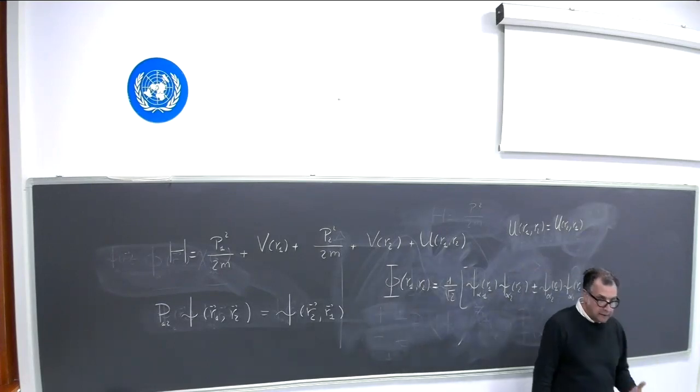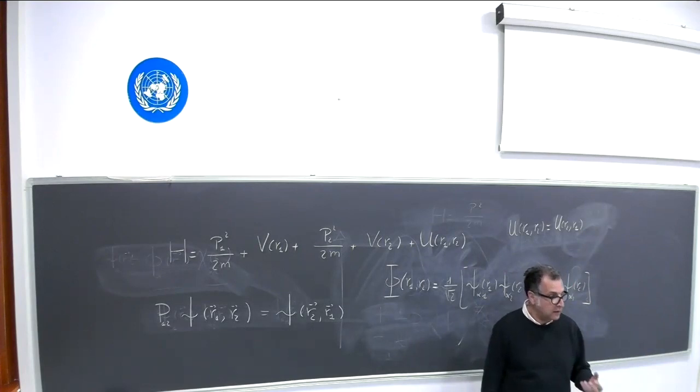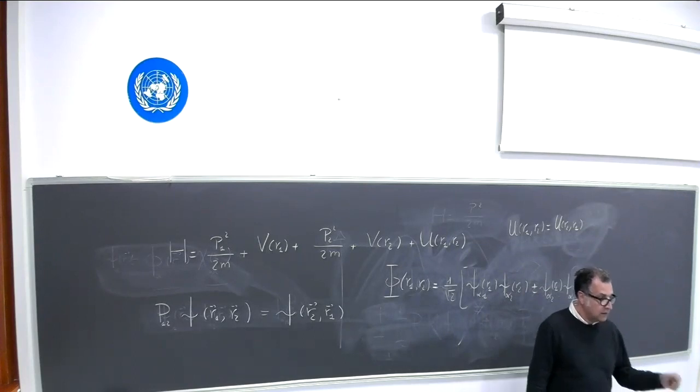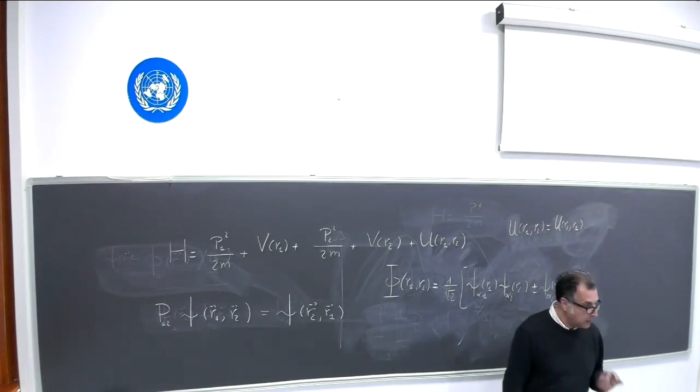So if you measure properties of groups of bosons, they may behave completely differently from groups of fermions.